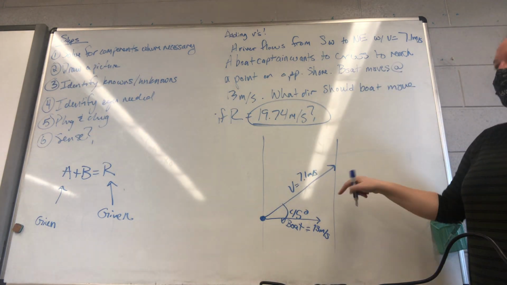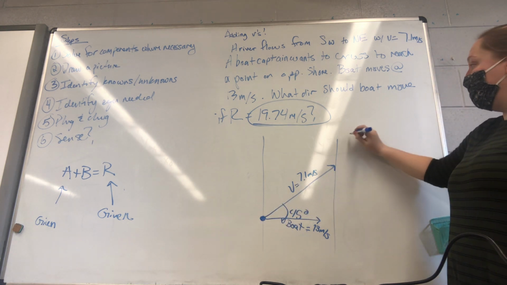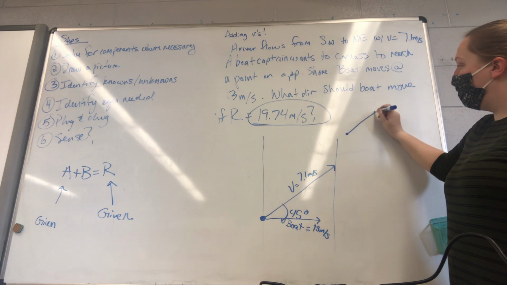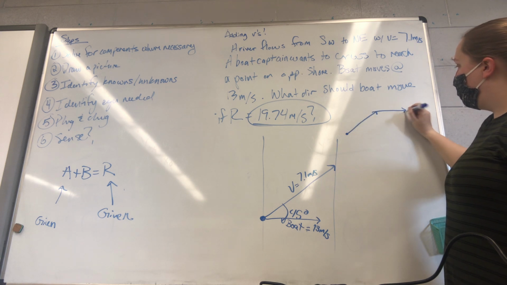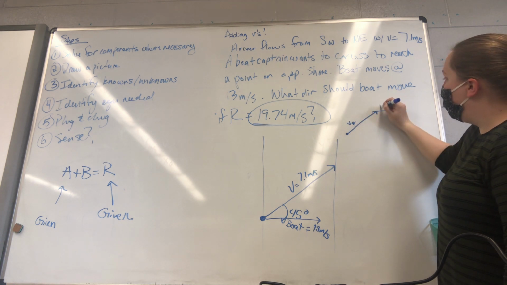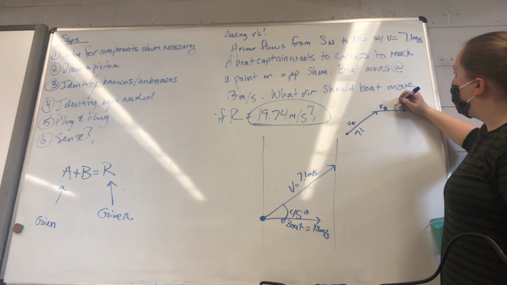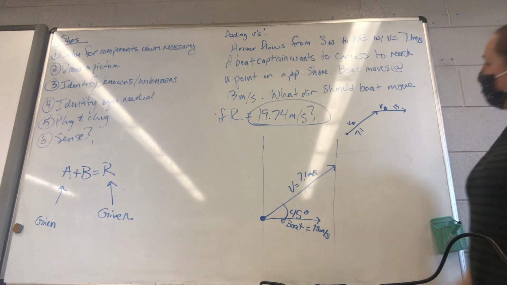So can I redraw this as an addition? Instead of drawing them from the same point, I'm going to draw them as if they are adding together. V river, V boat. This one is 7.1. This one is 13.